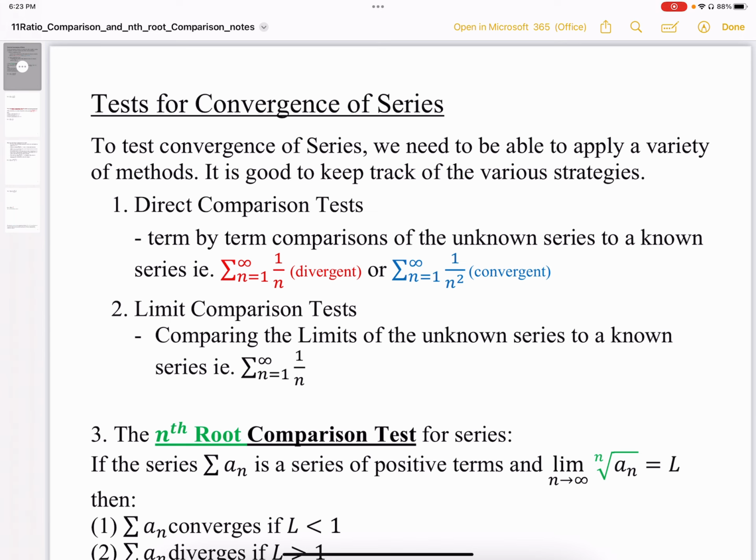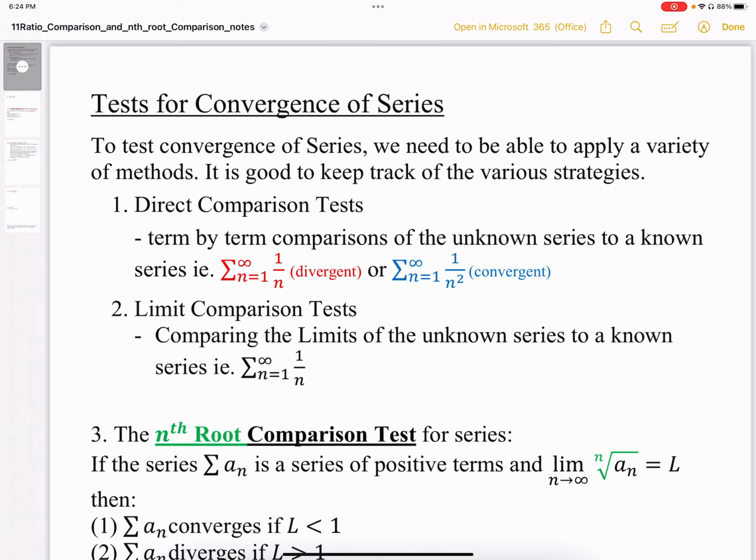So if we suspect that something's divergent, we may want to test it against a divergent series, or we can do direct comparison tests to a convergent series, such as the Basel series, which is 1 over n squared, which is convergent. These are a little bit informal, but these are some tools that we have to determine convergence or divergence. We're looking at a little bit more formal test, which is our limit comparison test.